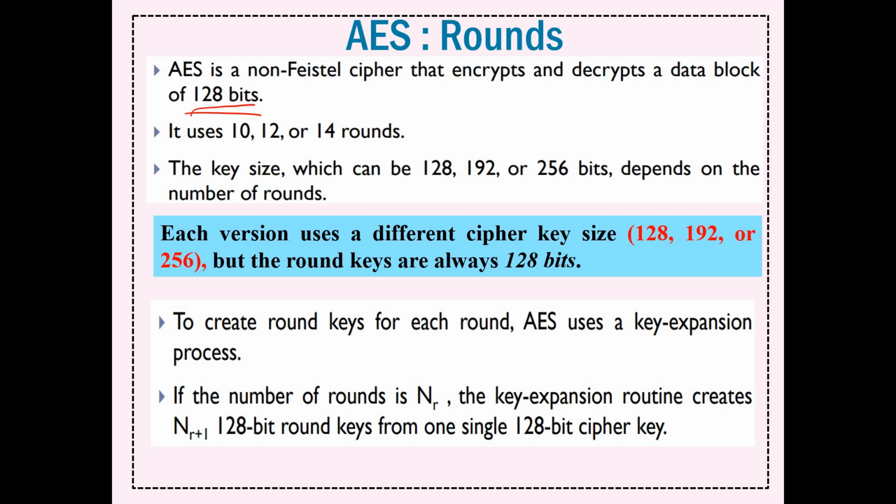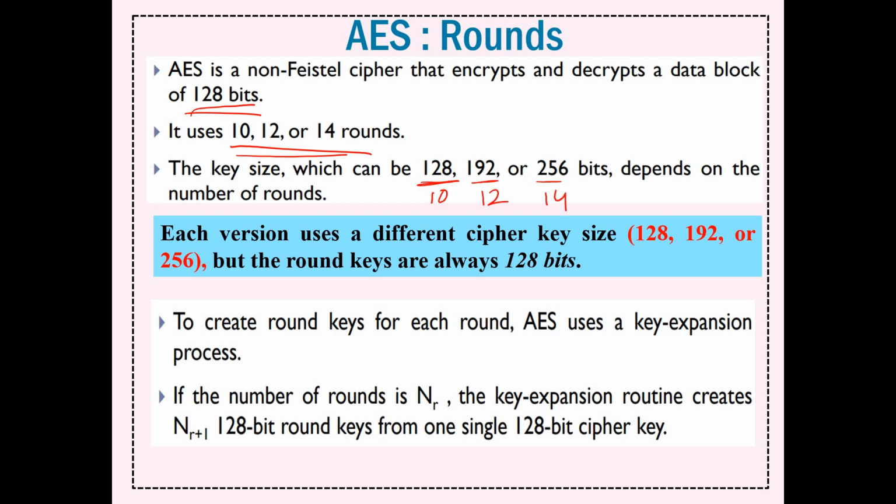The second property is that it might have 10, 12 or 14 rounds, unlike DES, which only had 16 rounds. Now each of the rounds will have a different set of keys. So you can see 128, 192 and 256 are defined for the respective rounds: this is for 10, this is for 12 and this is for 14.